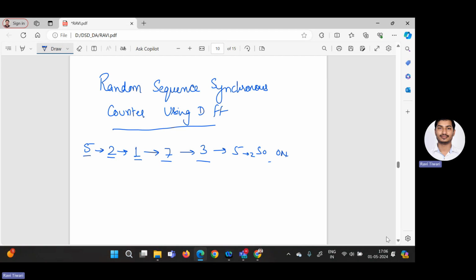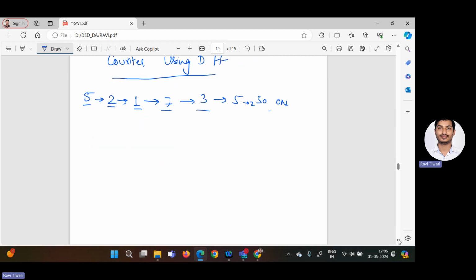So what are the steps we need to follow to design a random sequence counter? First step will be the state diagram. Then we will draw the state table. Along with that, we require the excitation table of the particular flip-flop by which we will design the circuit.